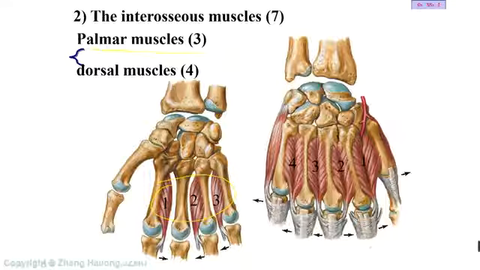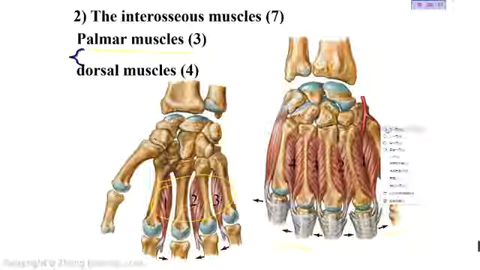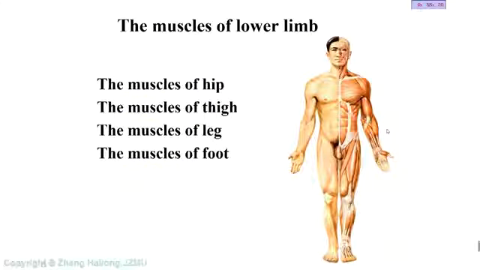And the dorsal muscles, you see the arrow, the direction, make them move to the 2 sides, away from the middle finger. Okay, so that is the function. They make your fingers closer or depart. Okay, that is all about the muscles of the upper limb.